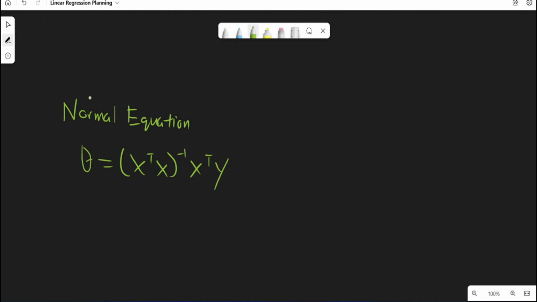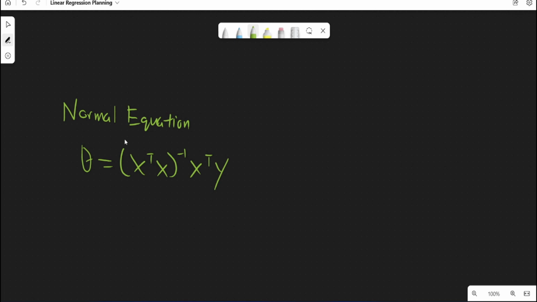What it does is that it's a formula that we can plug in to find the best theta value, right? And so why don't we just use this instead of gradient descent? Well, this actually works really well for smaller data sets, but as the data set gets a lot larger, it will take a long time to calculate. So that's why we use gradient descent in practice.